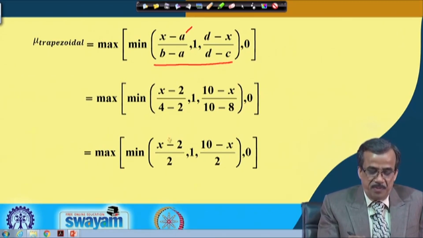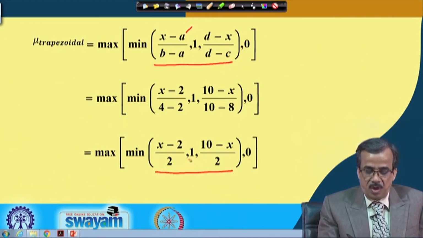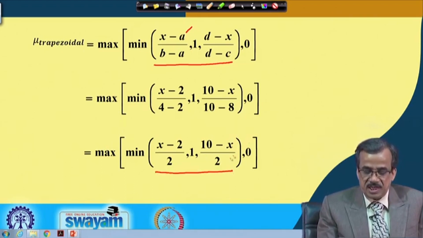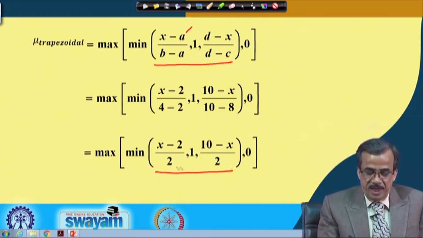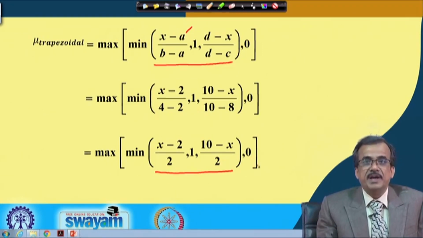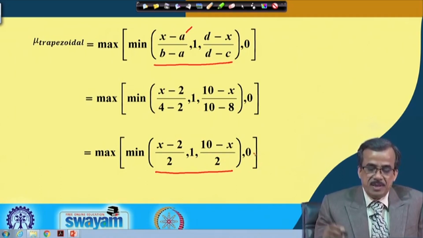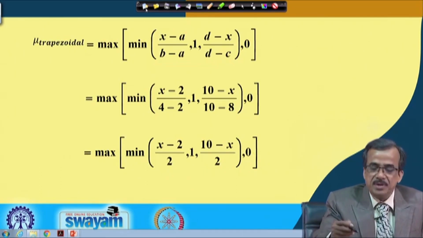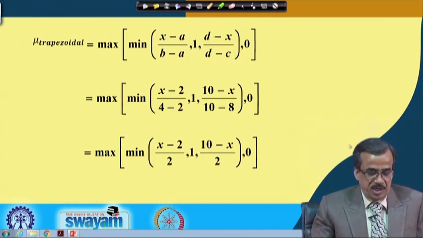If you simplify, this will become the minimum among (x minus 2) divided by 2 comma 1, (10 minus x) divided by 2, and we compare the minimum among these three and 0, and we will try to find out the maximum. And whatever you get, let me just try to see.